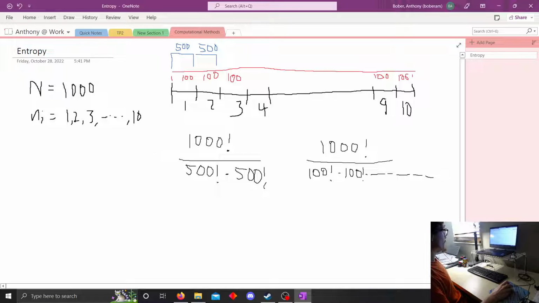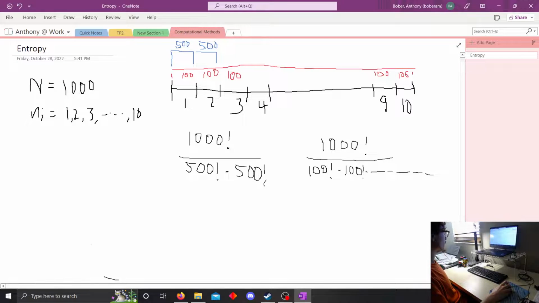So what I want to do is express this in a more general way. It's just going to be big N, the number of students, factorial, divided by the product, pi, from i equals 1 to, in this case, 10, of ni, the grade, factorial.